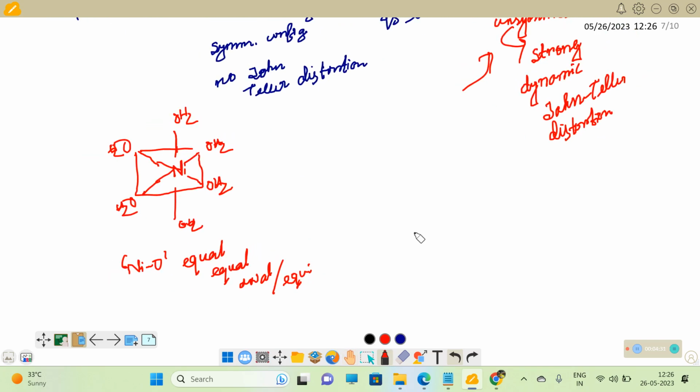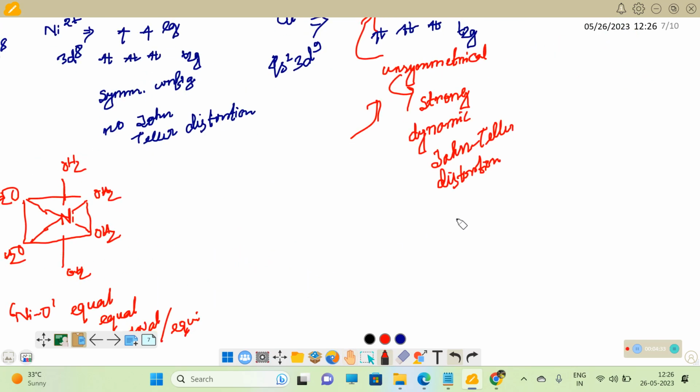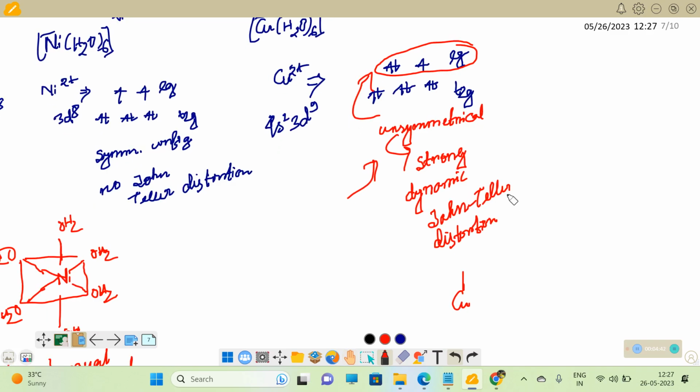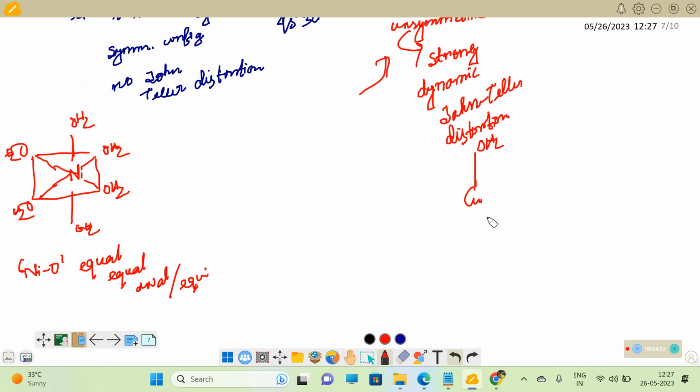But for this Cu complex, as there is an unsymmetrical configuration in eg, it will show elongation in the axial bonds.